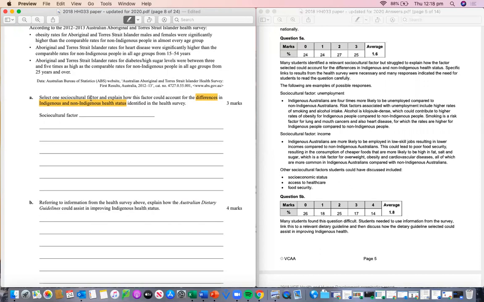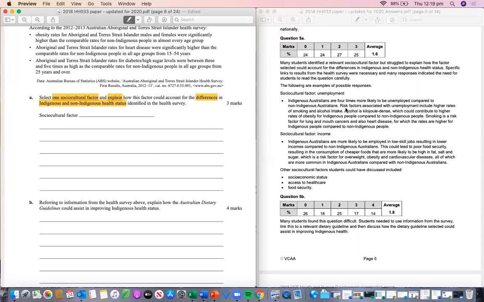You've got one socio-cultural factor, and then you need to explain this factor. I don't think I need to highlight factor because it's pretty much a no-brainer. So basically you have one socio-cultural factor explaining the difference in Indigenous and non-Indigenous health status identified in the survey. So again, we'll look here.